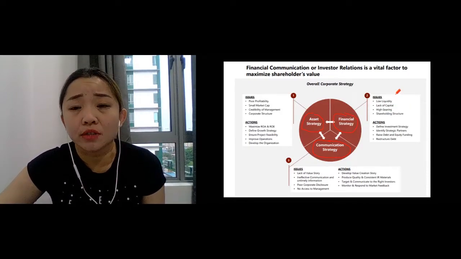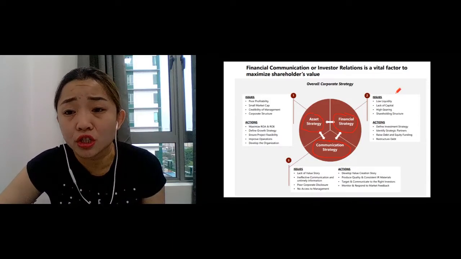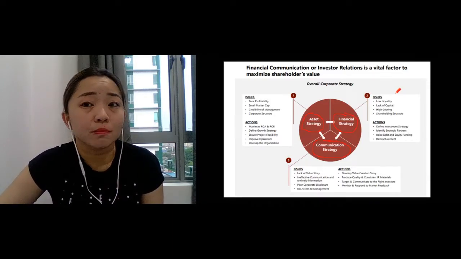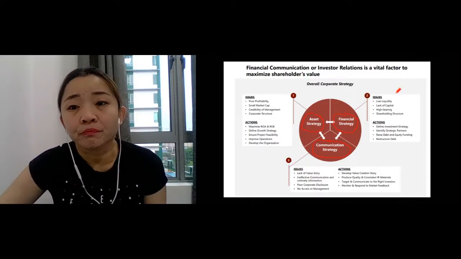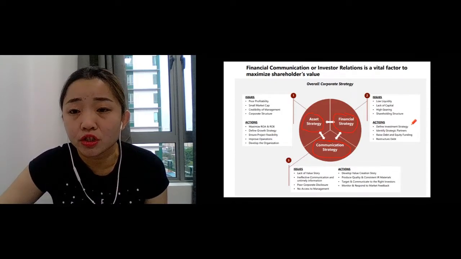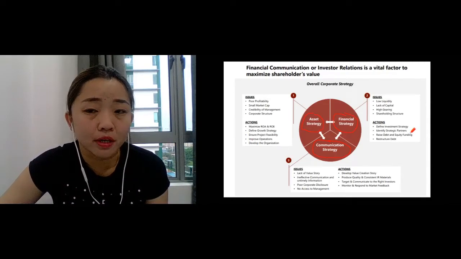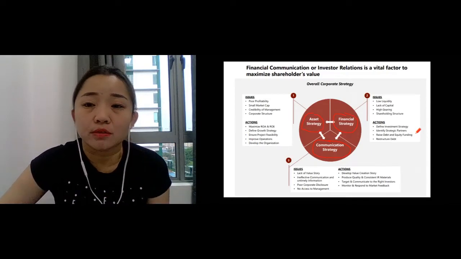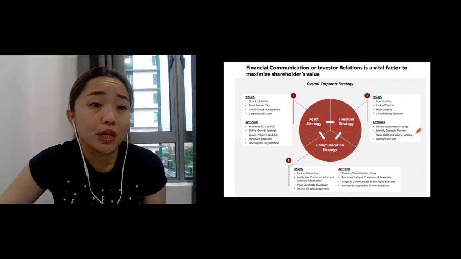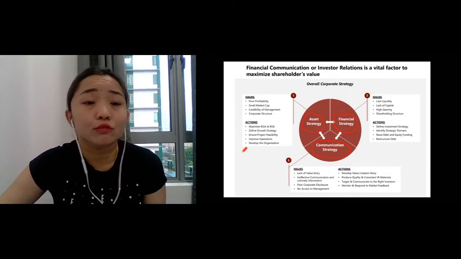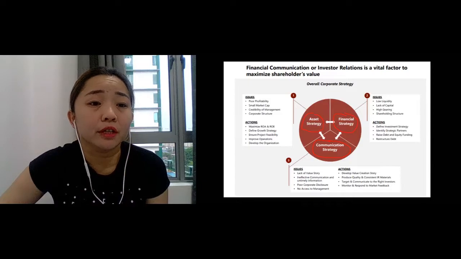Those are some of the things that could happen financially, and these are the responsibility of the finance people, where they come up with investment strategy, strategic partners, looking for a strategic partner, or getting debt and equity funding, that means getting ways to pay their debts, and of course to restructure their debt as well, right?